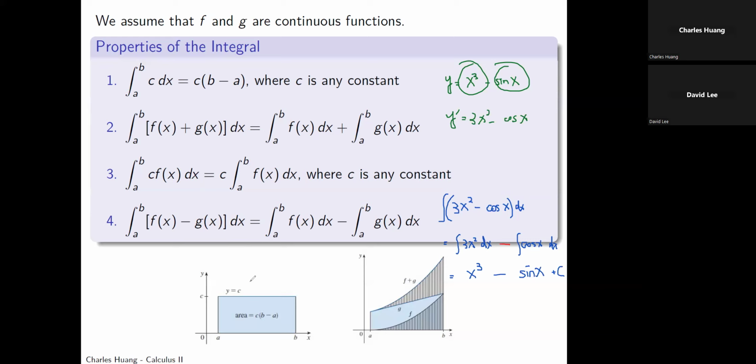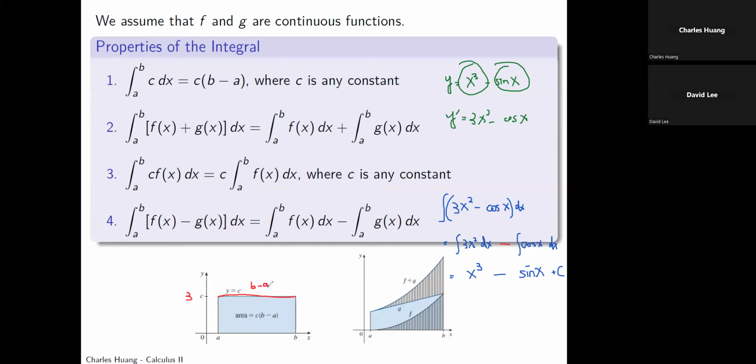The last thing to remind you is this. For all of these rules, we can always think about the graphical meaning of the integral. If I have a constant c, c is a number, c could be like 3, and so the height is always 3. Then the area is the distance here, which is, of course, b minus a.